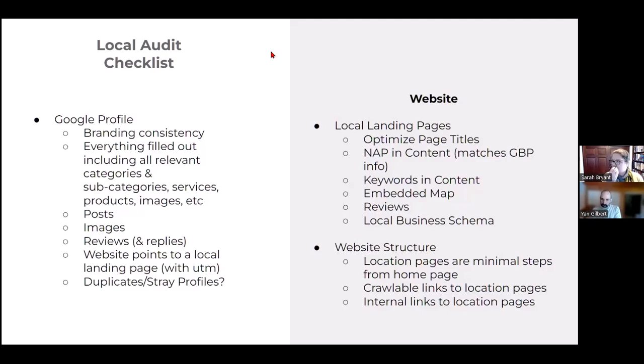But it helps, because the rankings of your website boost the rankings and visibility of your maps listing. So we're still doing a lot of optimization on the website itself, even if 90% of your business is coming through maps. Your maps visibility hinges on your website a lot, not all the time. It depends on the categories, but don't ignore it just because there are no-click searches now. The website still matters a lot.